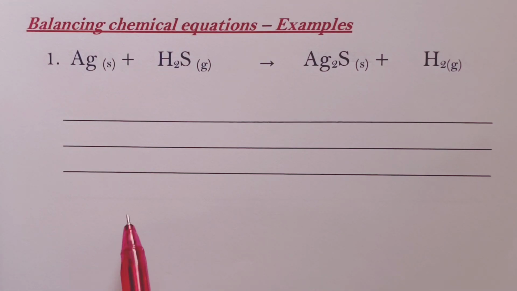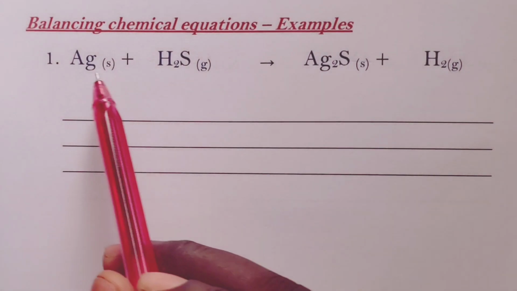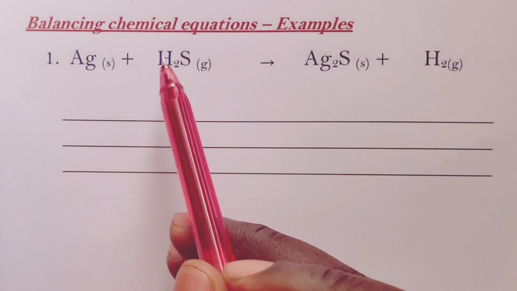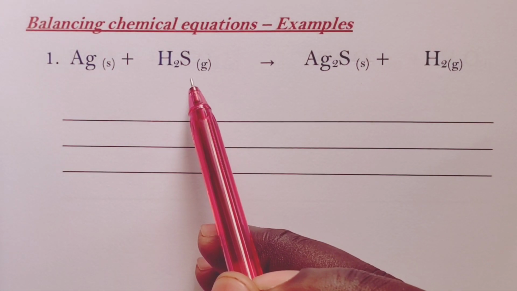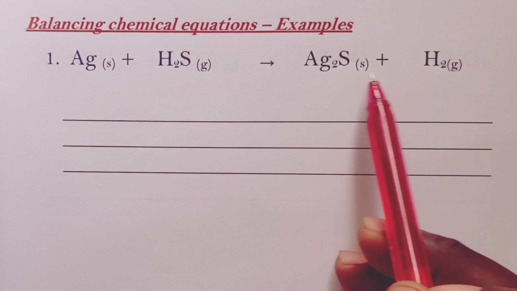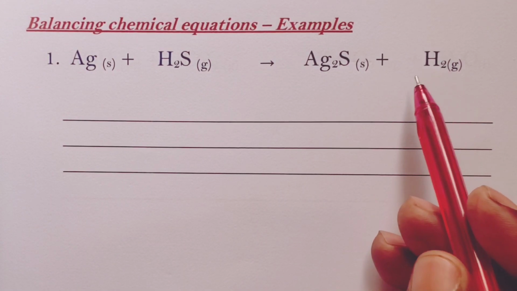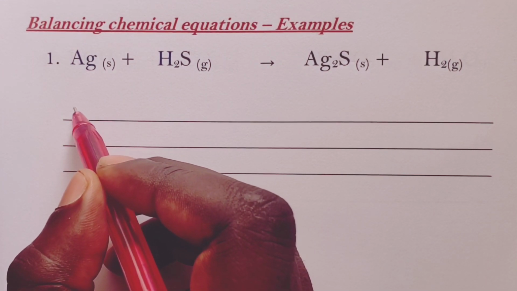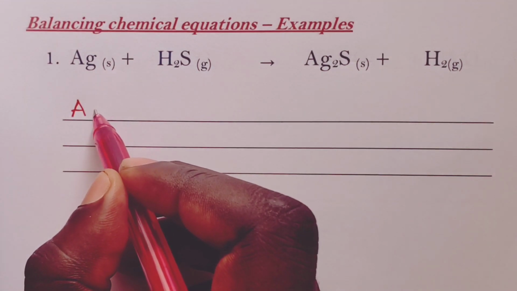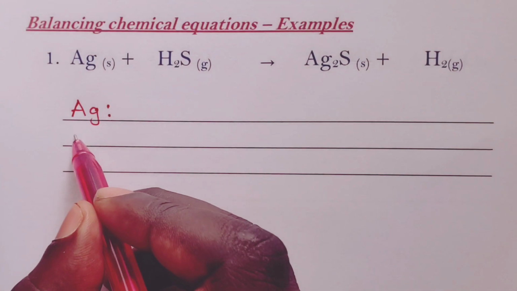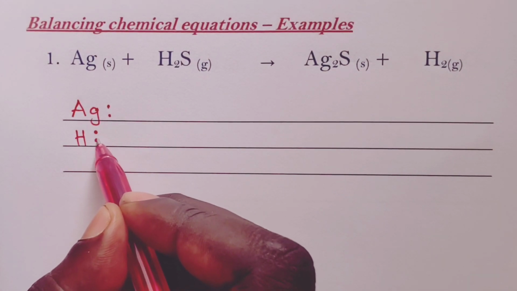So in example 1, we have silver in solid state reacting with hydrogen sulfide gas to give silver sulfide and hydrogen gas. Let us see whether our equation is balanced by counting the number of atoms of each kind on the left-hand side and on the right-hand side.